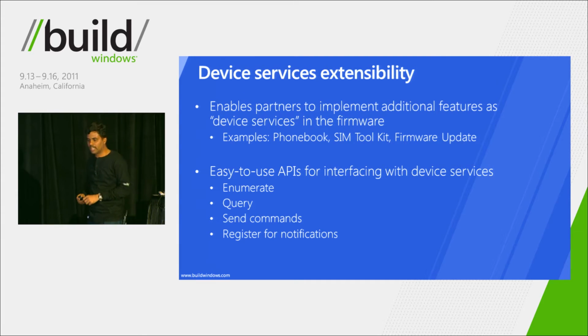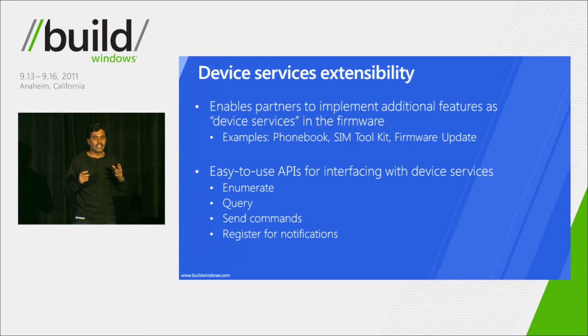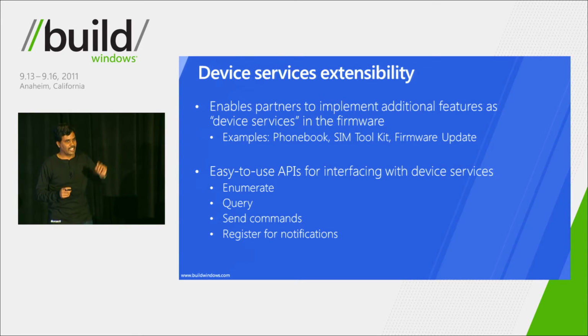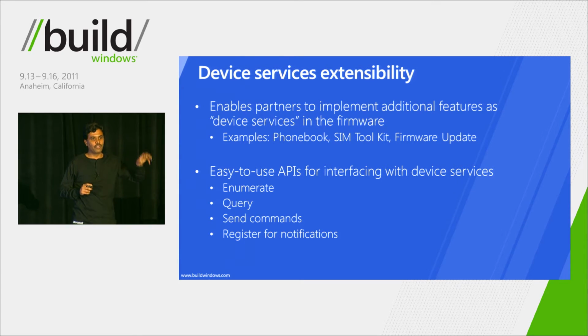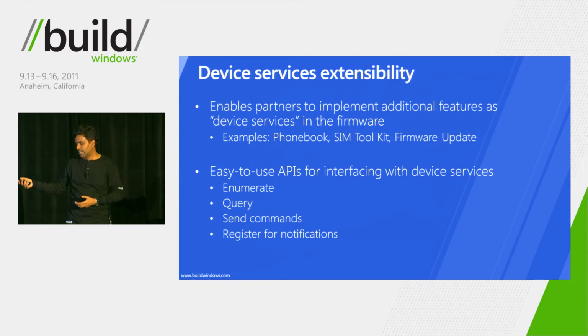It enables the partners to implement additional features as a logical device service. That's what we call a logical device service in the firmware. For example, if you are a device manufacturer and you want to provide new functionality, such as giving consumers access to their contacts in the SIM, you can implement that as phone book functionality as a device service.